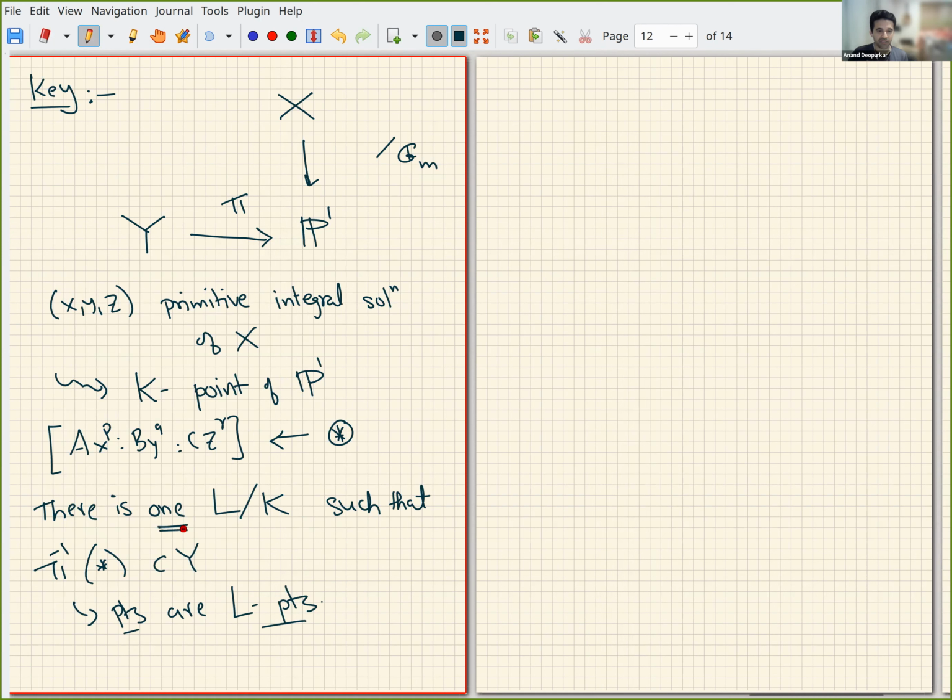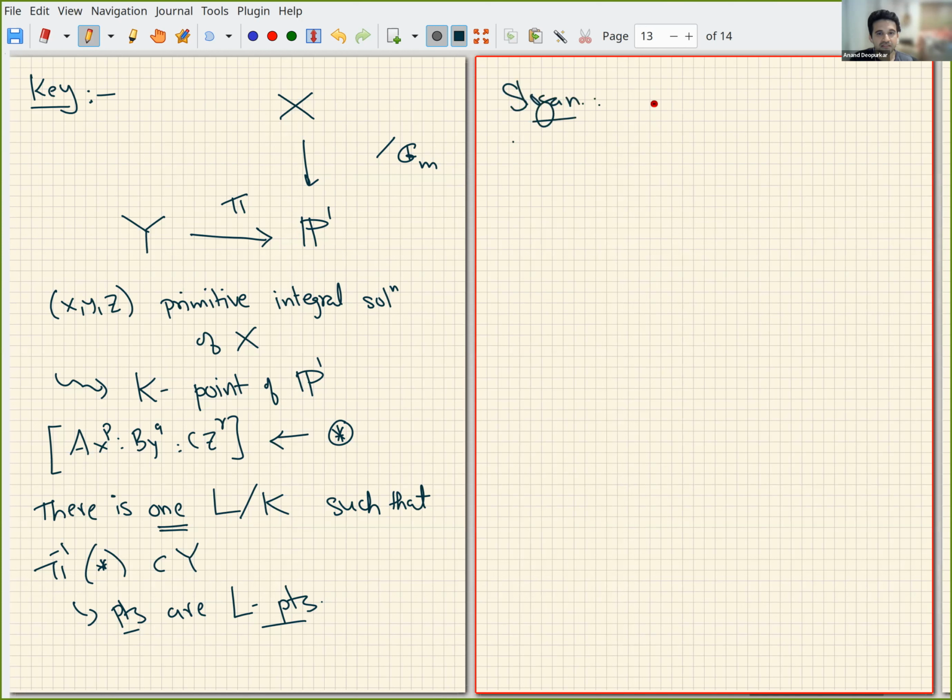And you need only one extension. So if you take K points of P1 which arise from points of X via this map, then their pre-image in Y is actually an L point, where L is some fixed finite extension of K. As a consequence, what's the slogan?